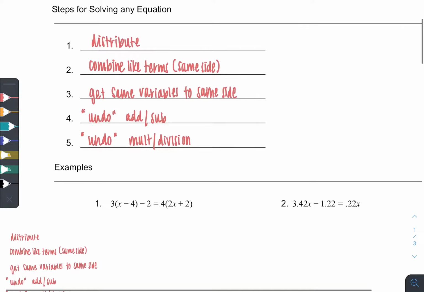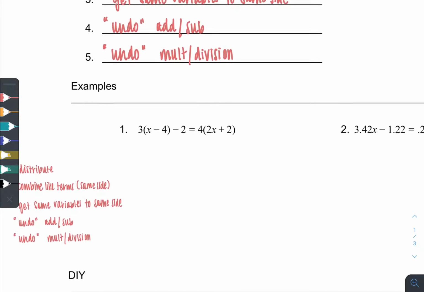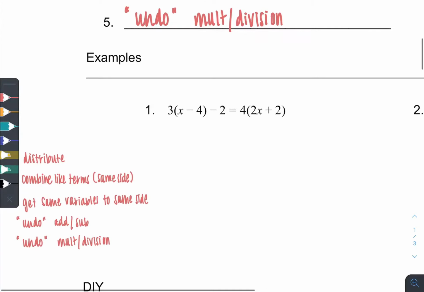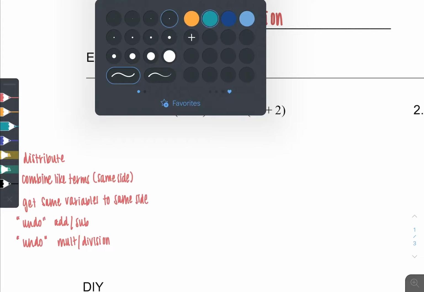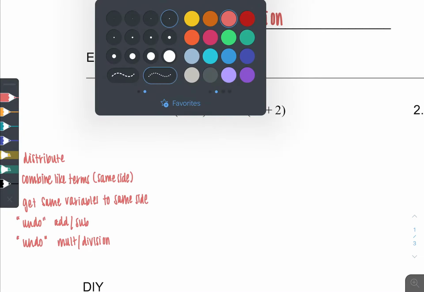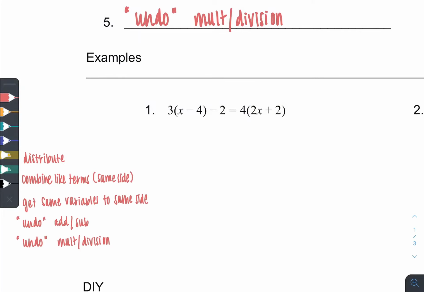All right, so let's jump right into some examples. I've already copied what the steps are, that way we have them available to us. I'm going to draw a dotted line down the middle here, it doesn't have to be dotted, just so I can see where my equal sign is.